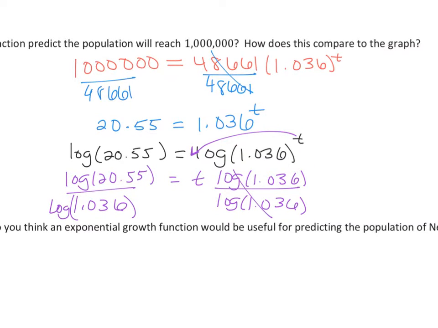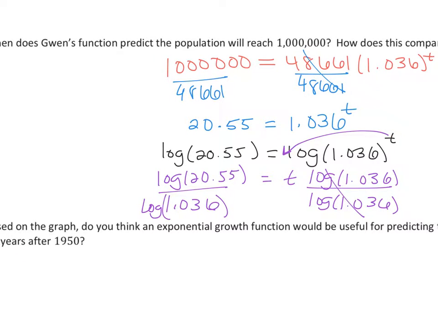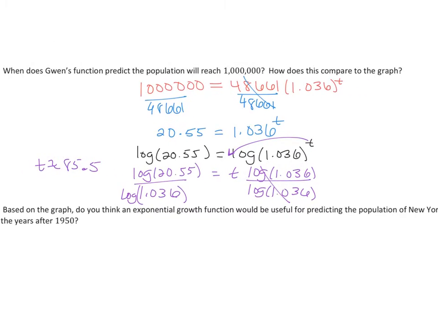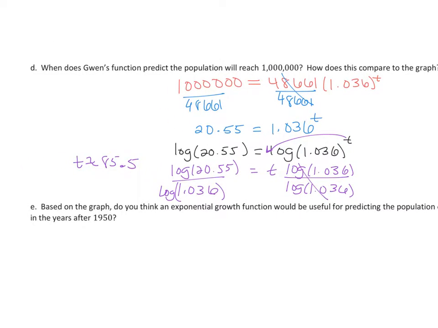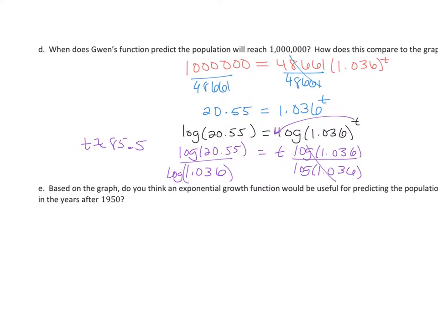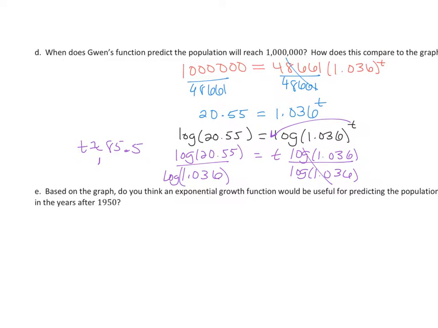And when you divided this, hopefully you received an answer about t being 85.5 years. So that's not really answering the question though. That just gets you how long it's been since 1790, which is the initial year. So I'm going to add that to 1790, and that gets me a year of 1875.